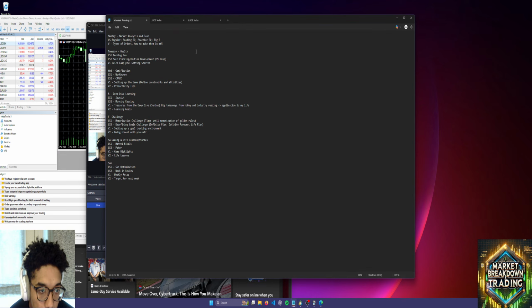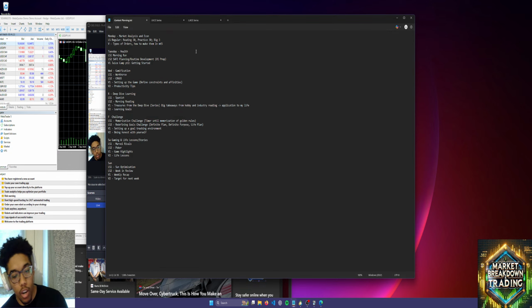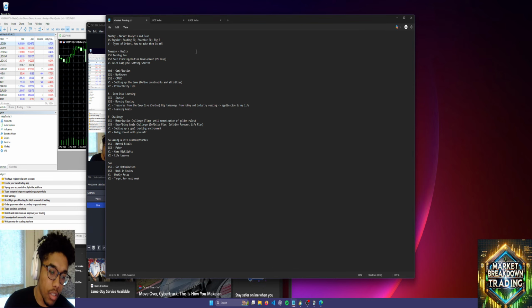And then the second stream will be going over my morning reading routine. So what I do in the morning between getting groomed, showering, getting ready for the day, and then starting the trading at 8, right? So it's that 7 to 8 window is where I do my morning reading.